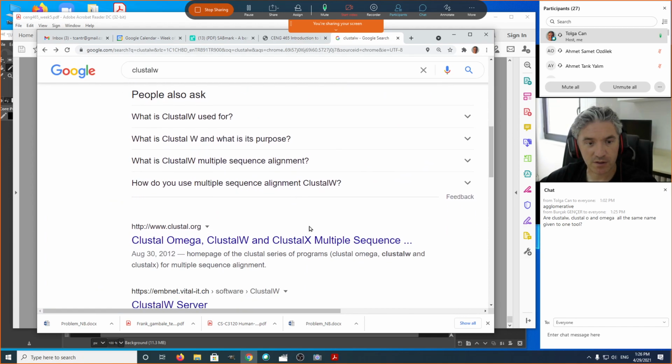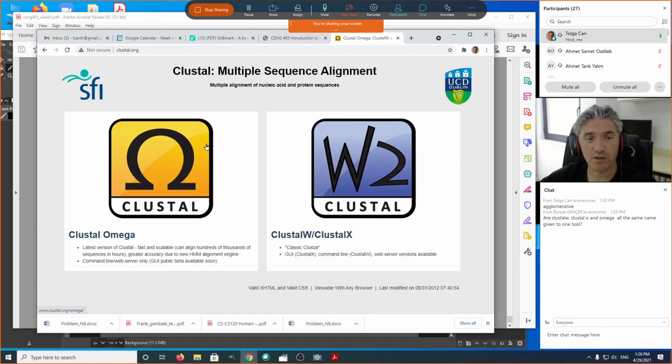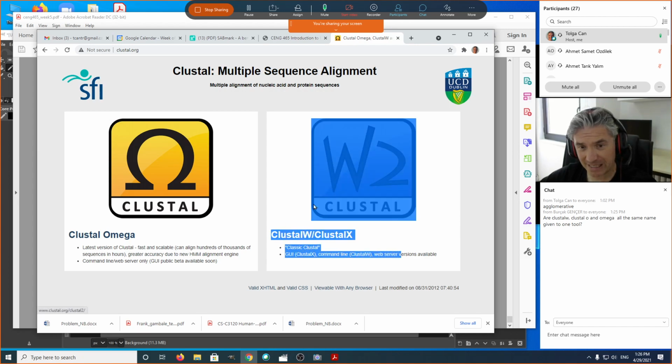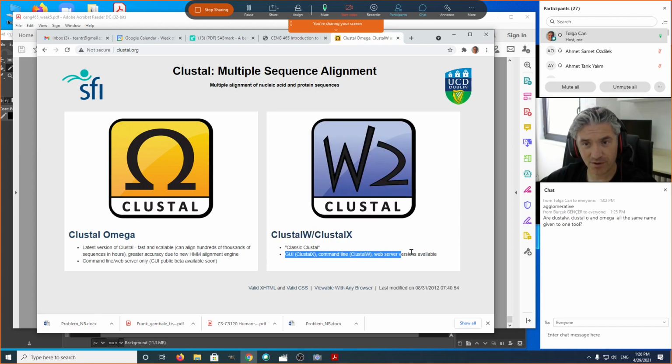There's even Clustal X. The actual homepage for Clustal W has Clustal W2 and Clustal X. Clustal X is the GUI version, while the other is the command line version. The original Clustal W is the first thing, and then Clustal Omega is the latest version of Clustal.